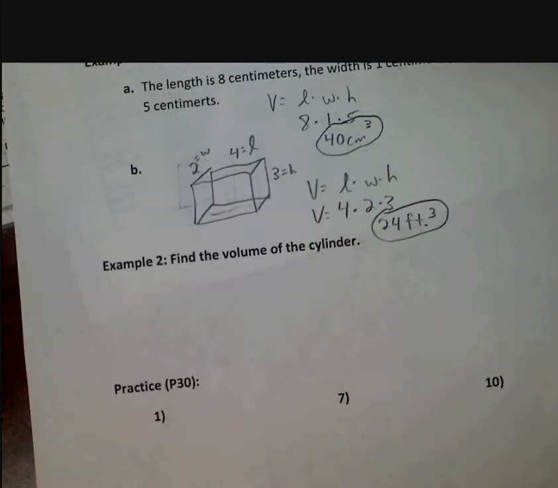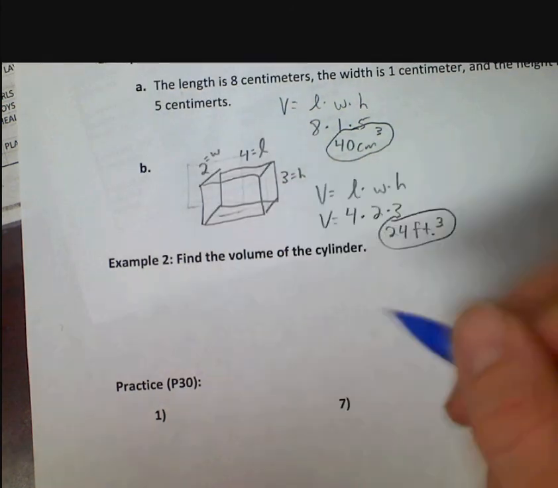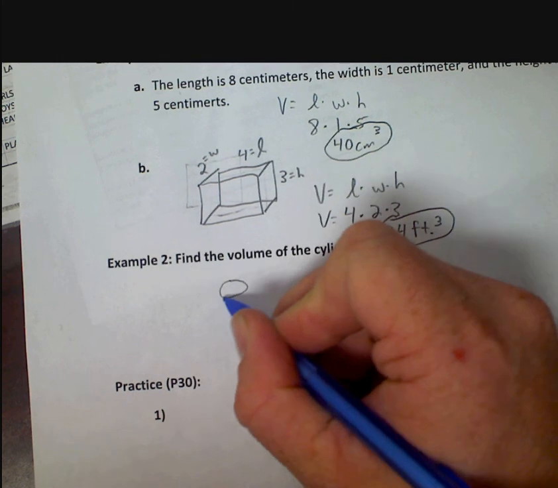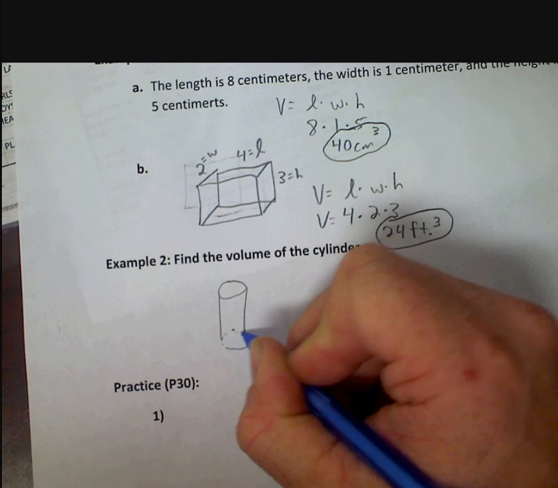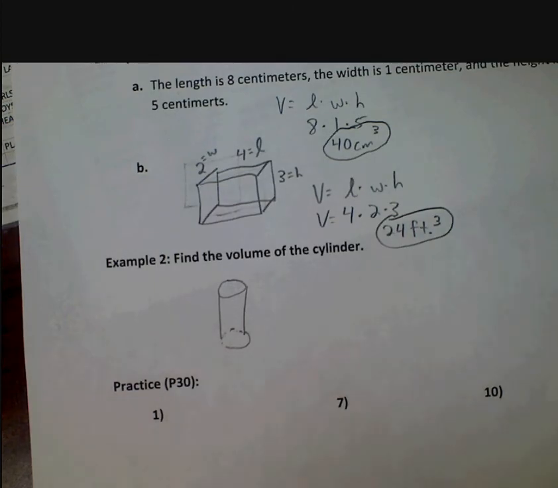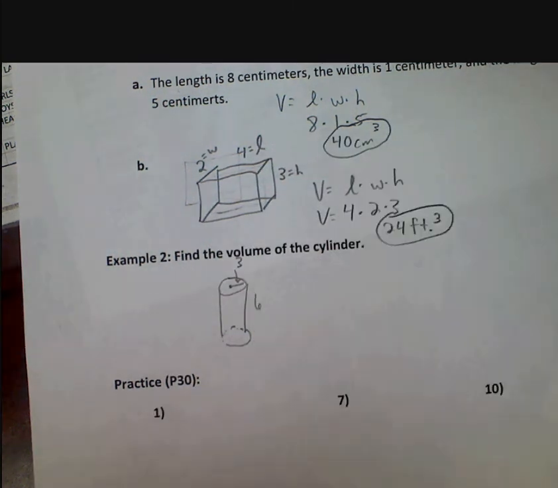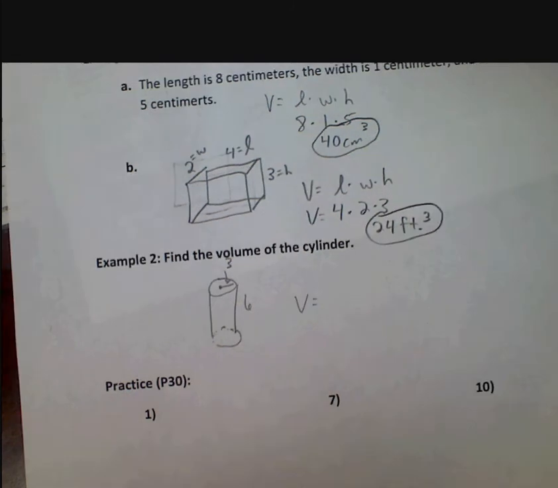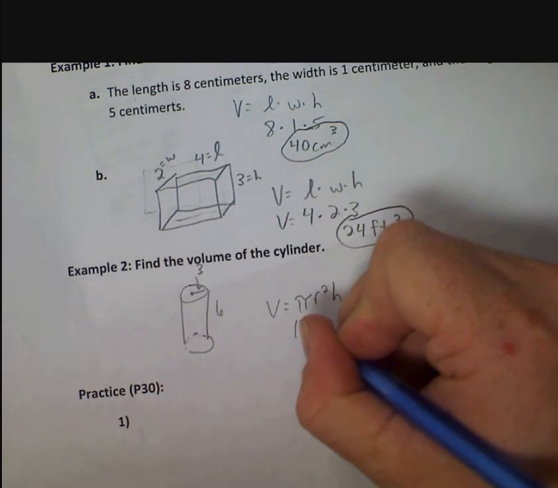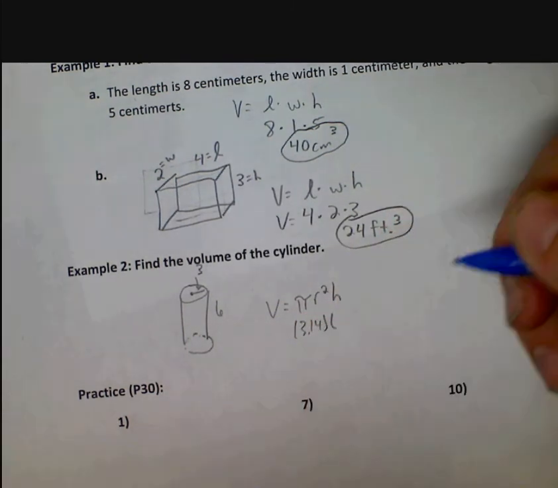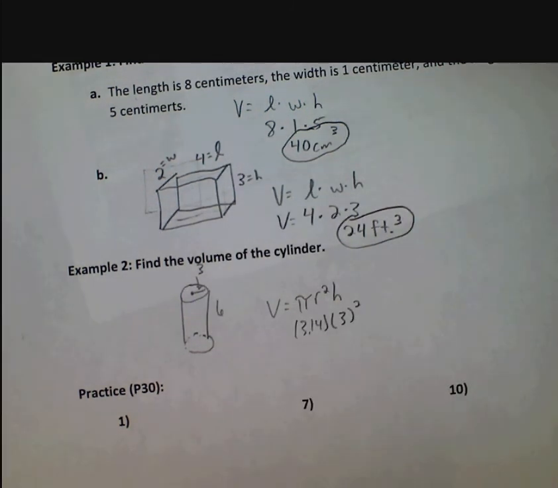Example 2. Find the volume of the cylinder. So here's my cylinder. It's a little off. That's okay. They said that this is 3 and this is 6. So I need to use my volume to be pi r squared h. Pi is 3.14. My r is 3 squared. My height is 6.